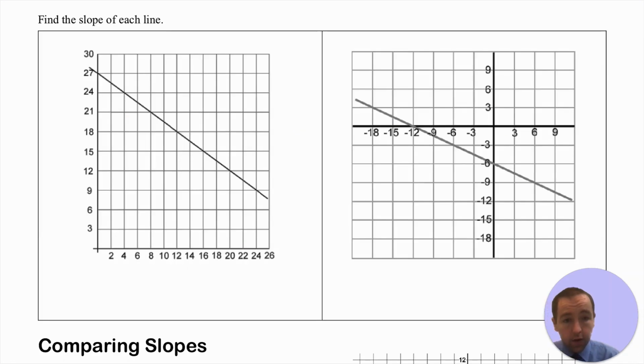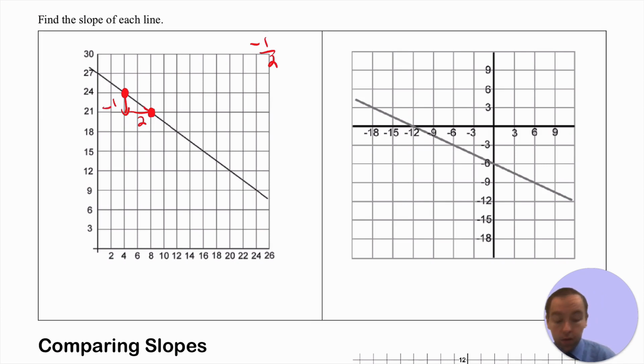So as you're finding the slope of a line from graphs like these, say I find a couple of ordered pairs on here, like right there. It appears that you're just counting down 1 grid square and then 2. So you might think, okay, that's got to be a -1/2 slope because it's a negative slope. But it turns out that it isn't.